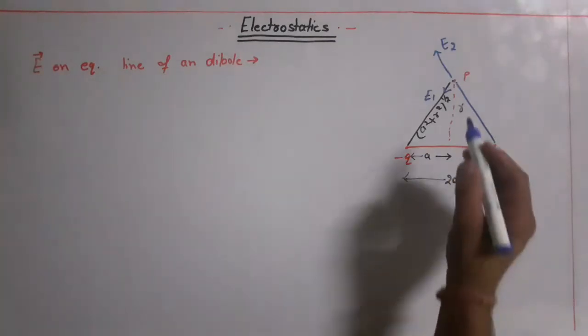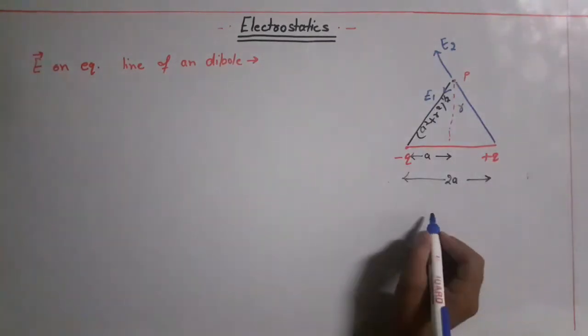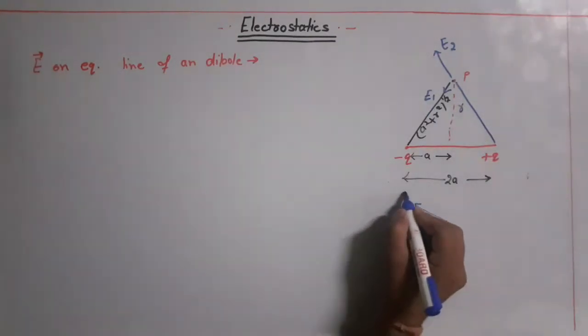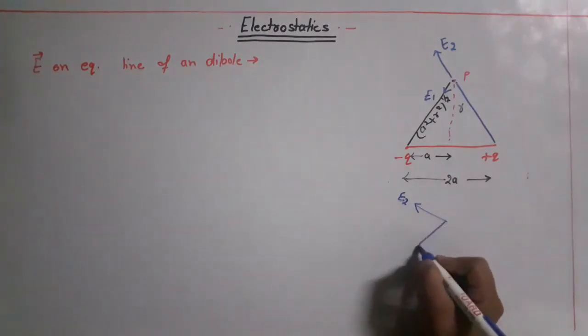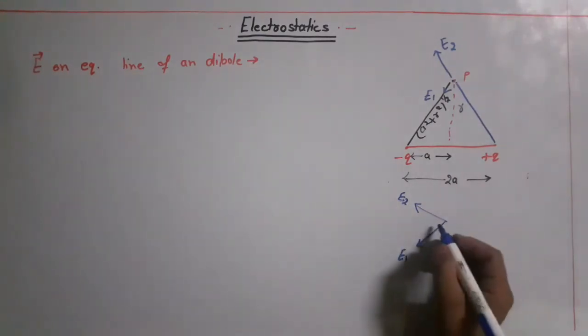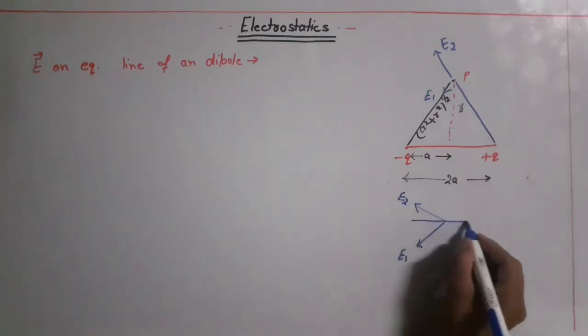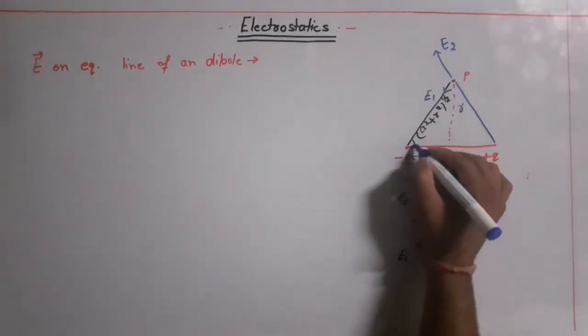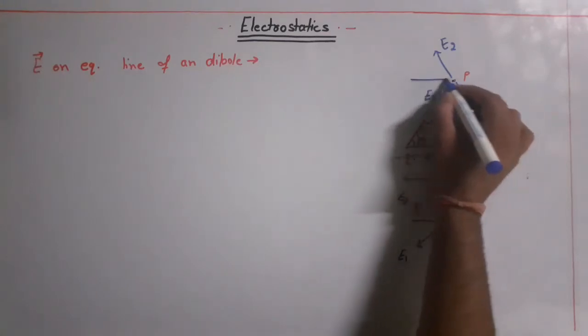Now let's resolve E1 and E2. I am going to draw them here. This one is E2 and this one is our E1. The magnitudes of E1 and E2 are the same. If this angle is theta, then this angle will also be theta, alternate opposite angle.